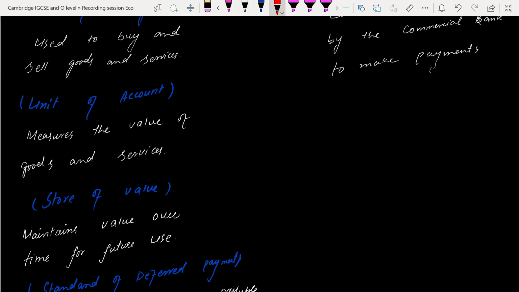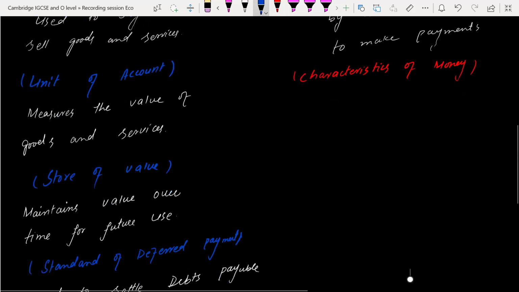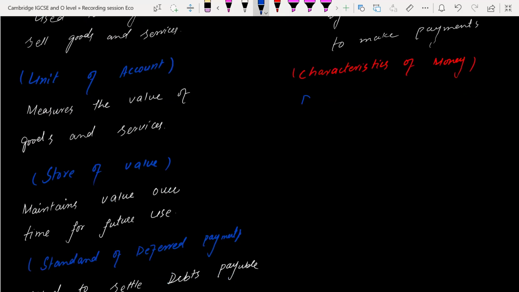So we can say durable. The meaning of this one means money should last a long time without getting damaged easily.